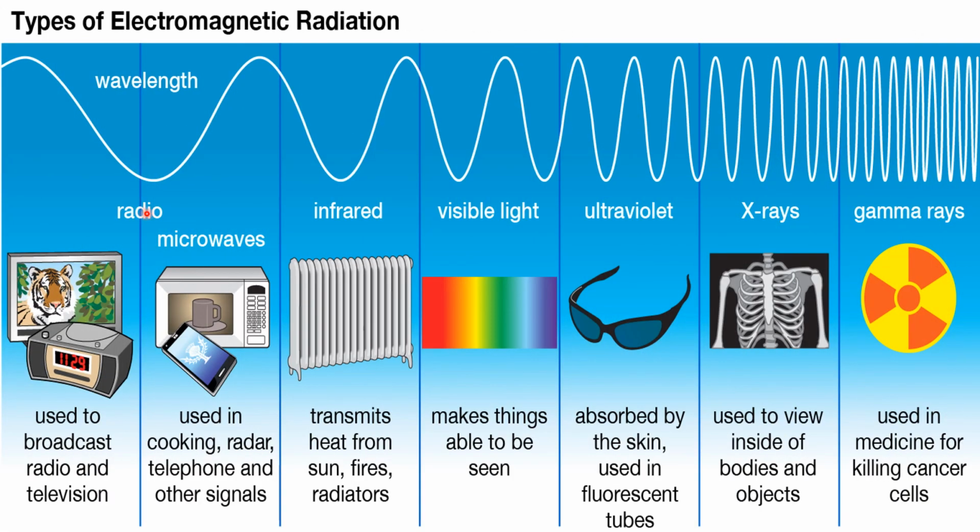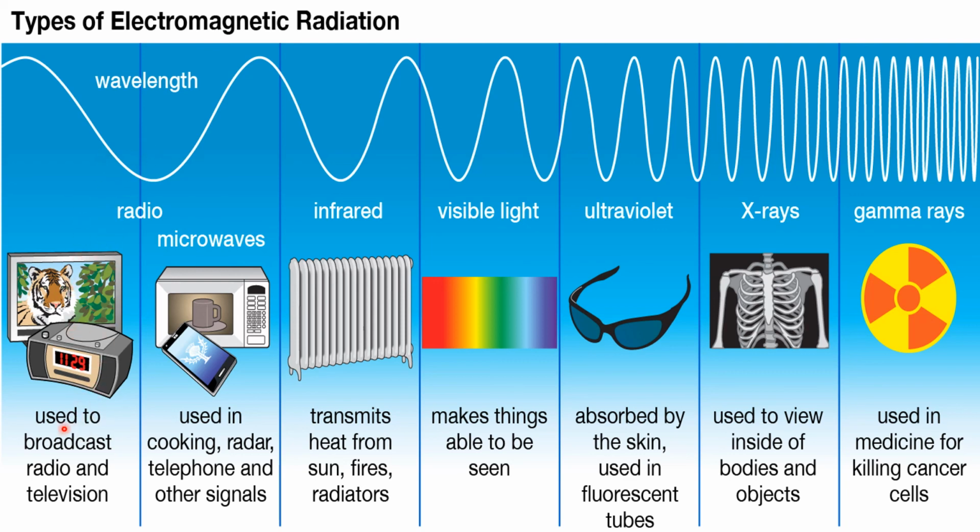And the types of electromagnetic radiation, from large wavelengths to small wavelengths, I am showing here: radio waves, microwaves, infrared waves. See here, and for what purpose are these radiations or waves used?